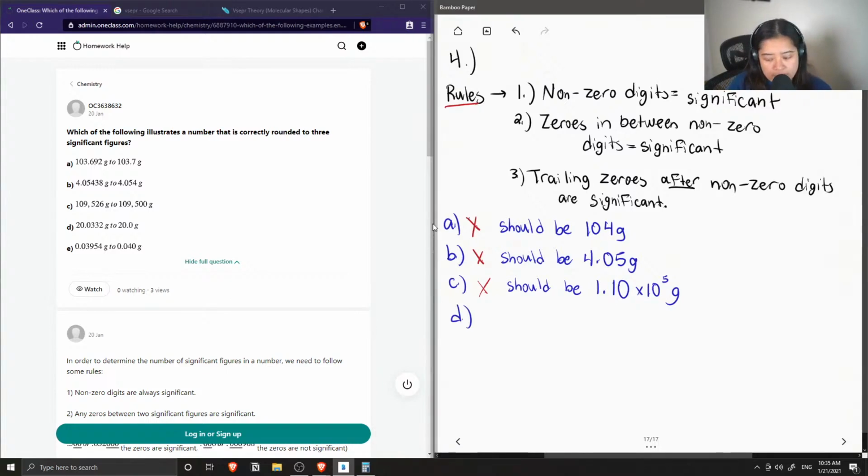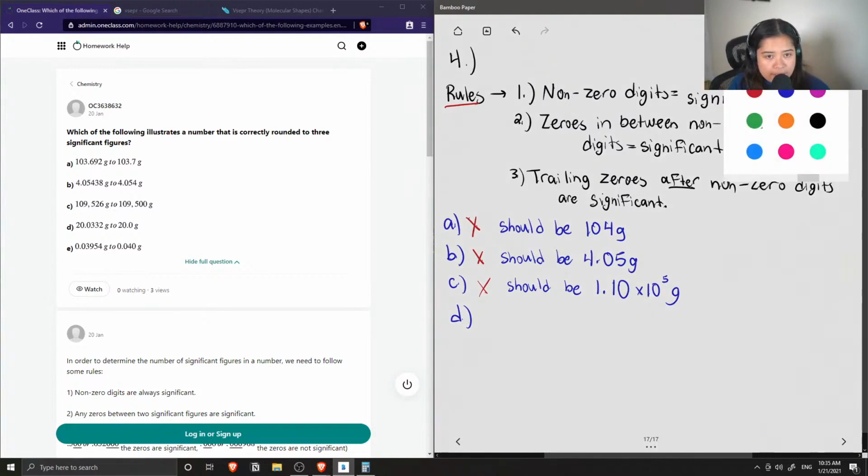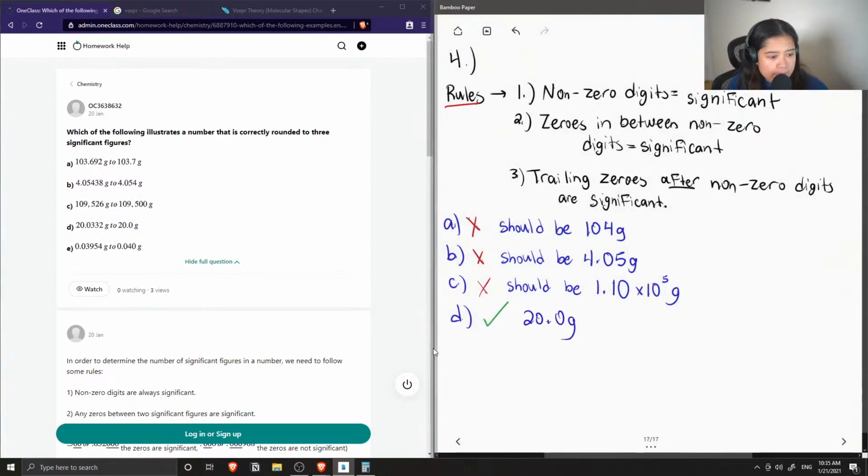Okay, so D, this is actually correct. Should be 20.0 grams.